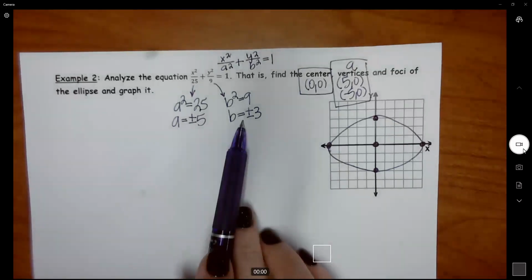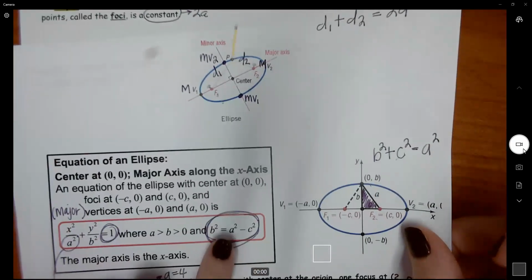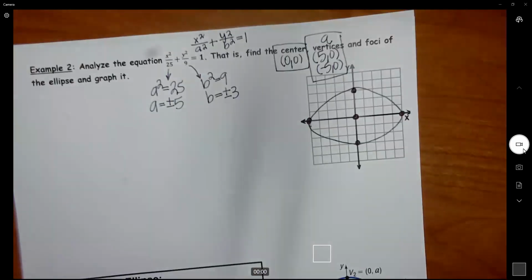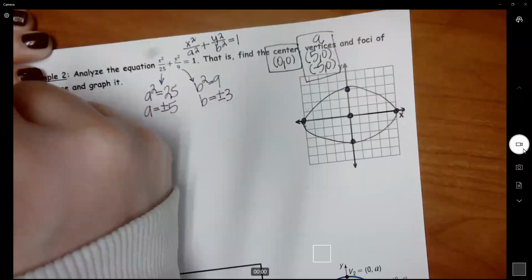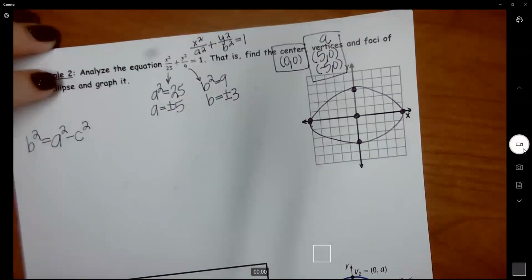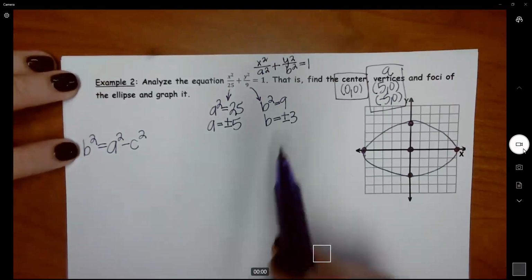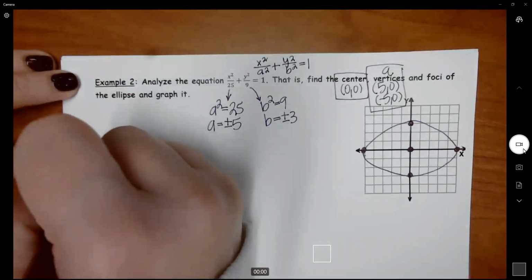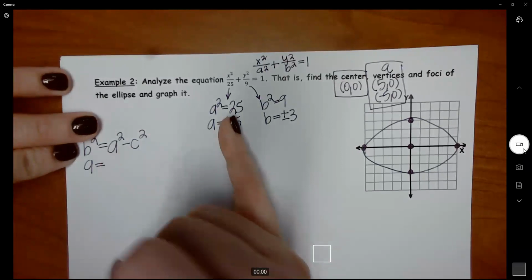Okay, so I have A and I have B, but I need C for the foci. And so that's where this formula comes into play. So we have B squared equals A squared minus C squared. My B squared is 9. My A squared is 25.